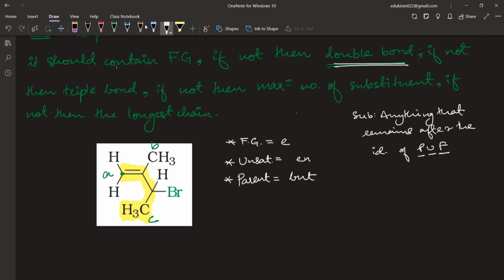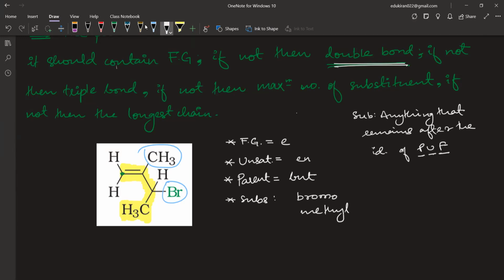Once we have identified the parent, unsaturation, and functional group, whatever remains is the substituent. So here there are two things remaining: the Br, and the CH3, which is methyl. Now we will do the substituents. So we have two substituents here. We have a bromo, and this is an alkyl which has one carbon. That is why it will be methyl. Is this clear? Yes or no? Please tell me.